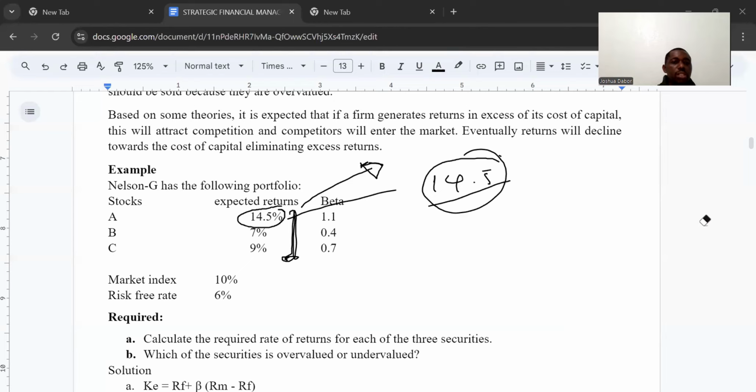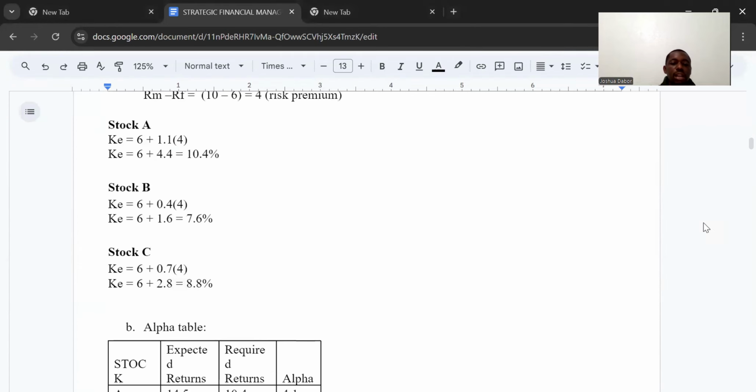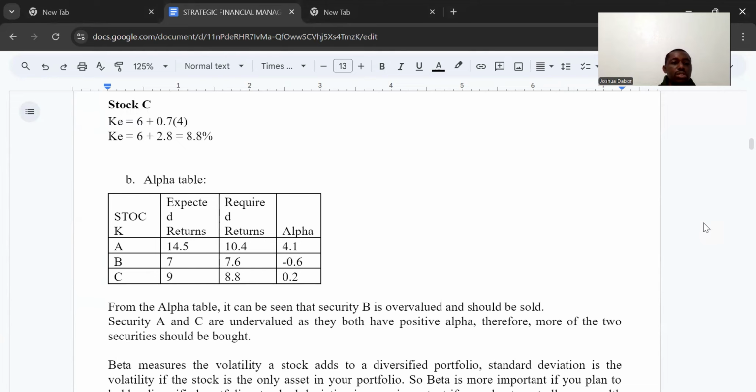But let's see what we calculated using the capital asset pricing model. So this is the alpha table: expected return, the required return. For security A, the expected return, let me leave it.